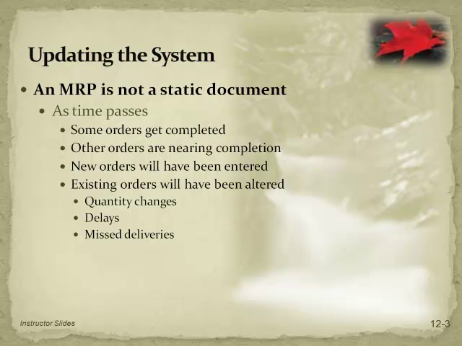So what types of things can change? Well, we could have new orders come in. We could have customers call us and say, I've changed my mind. I want more. I want less. Or they could say, I want them earlier. I want them sooner.